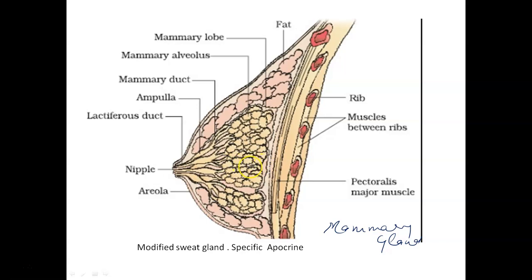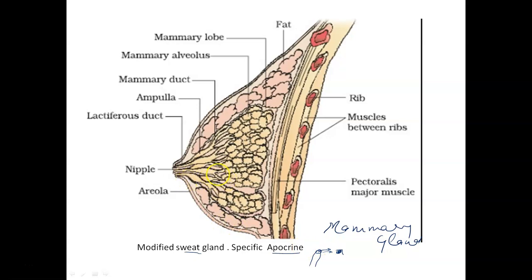These are derived from sweat glands, so they are modified sweat glands, and they are apocrine in nature. Apocrine means the apex part, the terminal part of the gland, is pinched off and secretes its liquid secretion, that is the milk. So it is a specific apocrine gland which is a modified sweat gland.